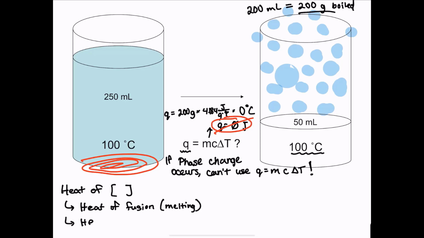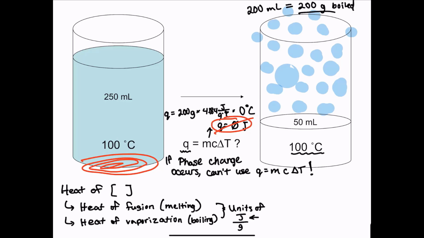And there is also the heat of vaporization, which sounds a little bit closer to what it means, which is the boiling process. And these two values, they both have units of joules per gram. And that makes a bit more sense, because in order for something to boil or melt, all that you need is the energy to let the process continue.